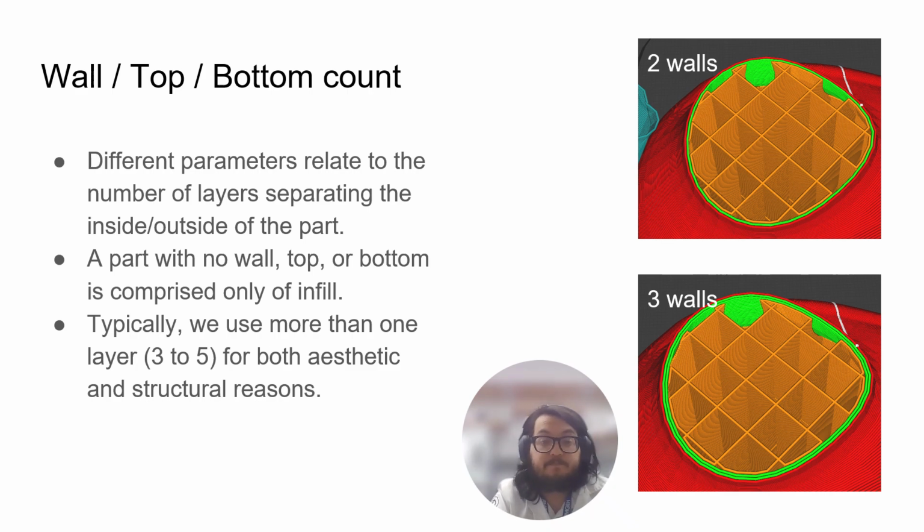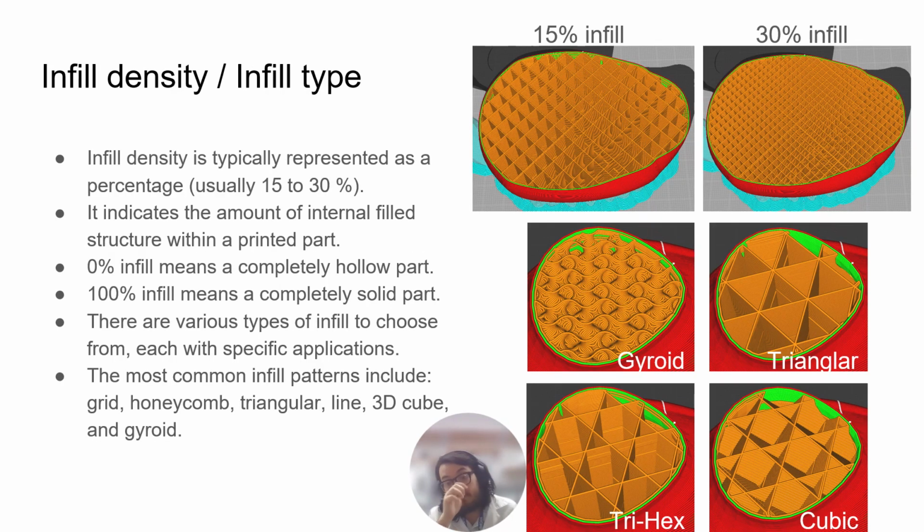After that, we talk about the inner parts of our model, the infill. And the infill, as I mentioned before, can have different densities. You can have a completely hollow part, which will be a 0% infill, or a 100% infill, which will be a completely solid part.